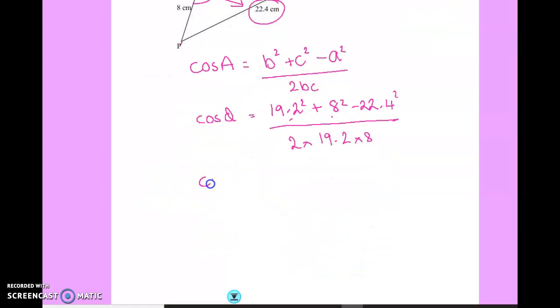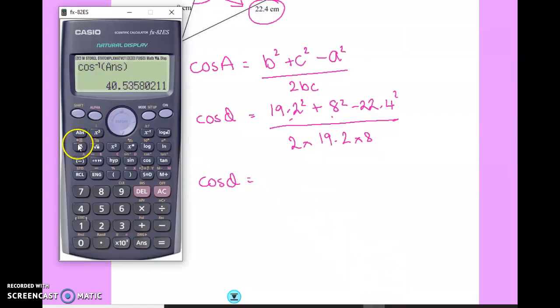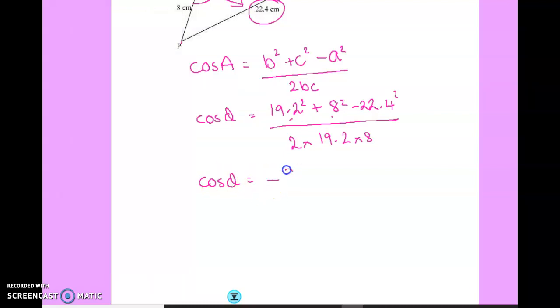Cos Q is 19.2 squared plus 8 squared minus 22.4 squared all over 2 times 19.2 times 8, which is minus 9 over 40.